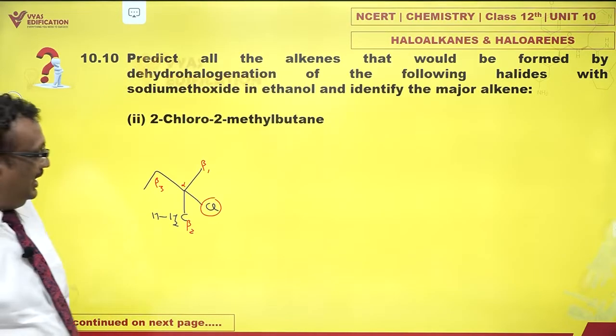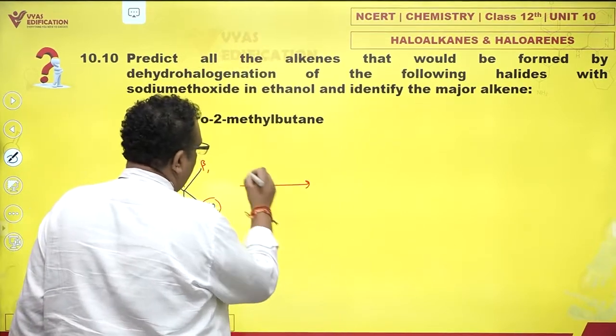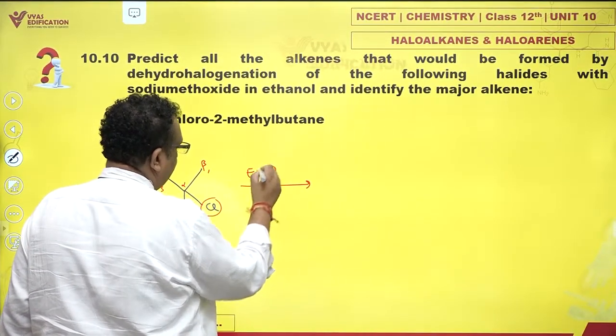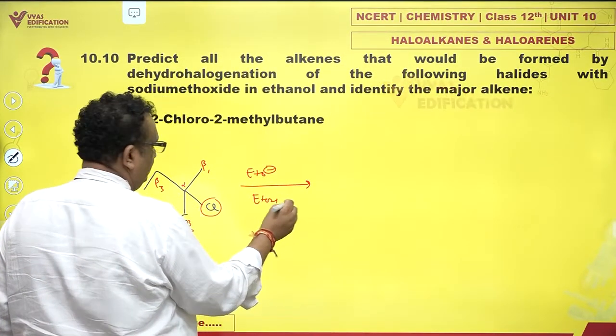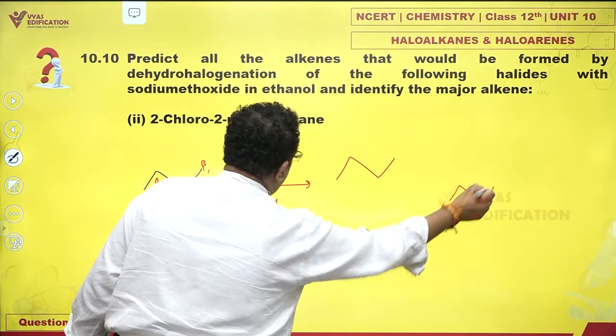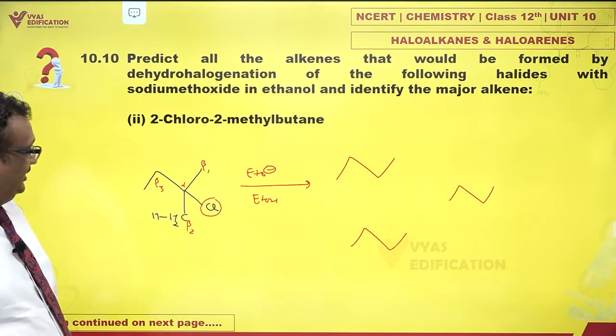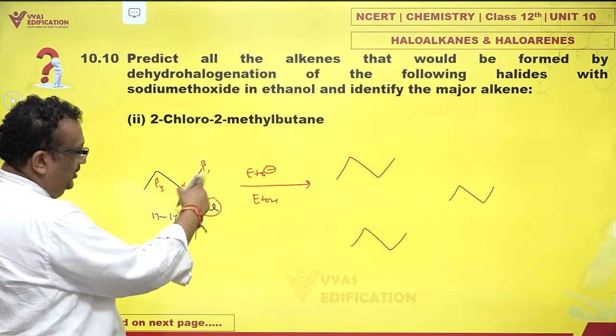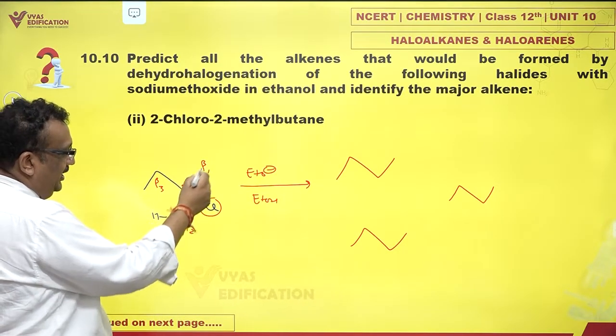What should I do? As elimination happens, I'll start getting different alkenes. With beta 1, if I remove hydrogen, I get a pi bond here.